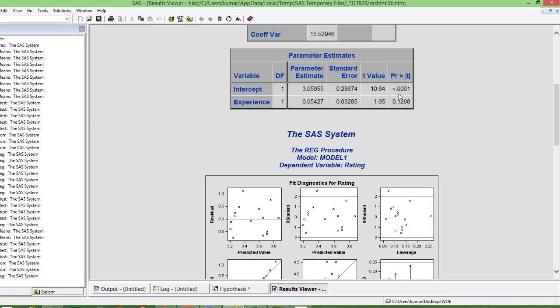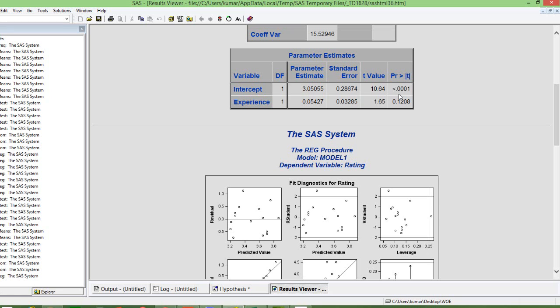That means the intercept is significant, whereas the slope coefficient for the independent variable experience is 0.05, but the corresponding p value is 0.12.